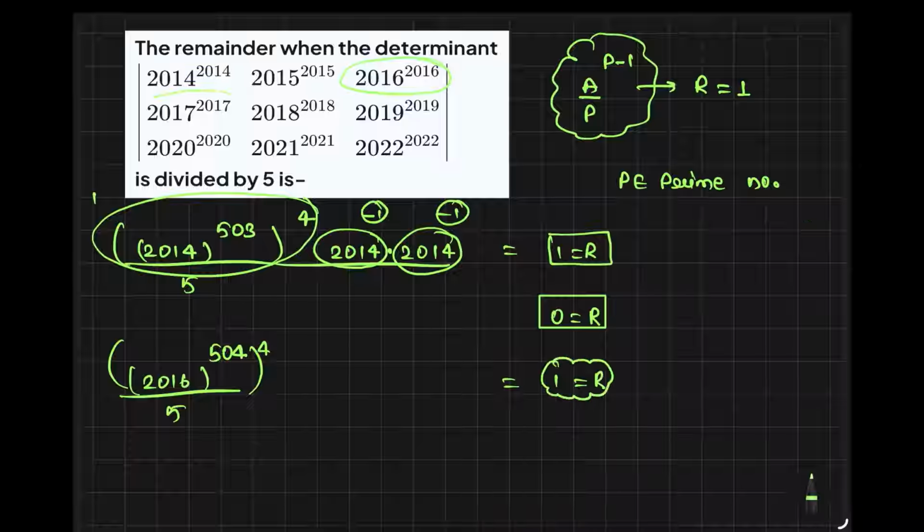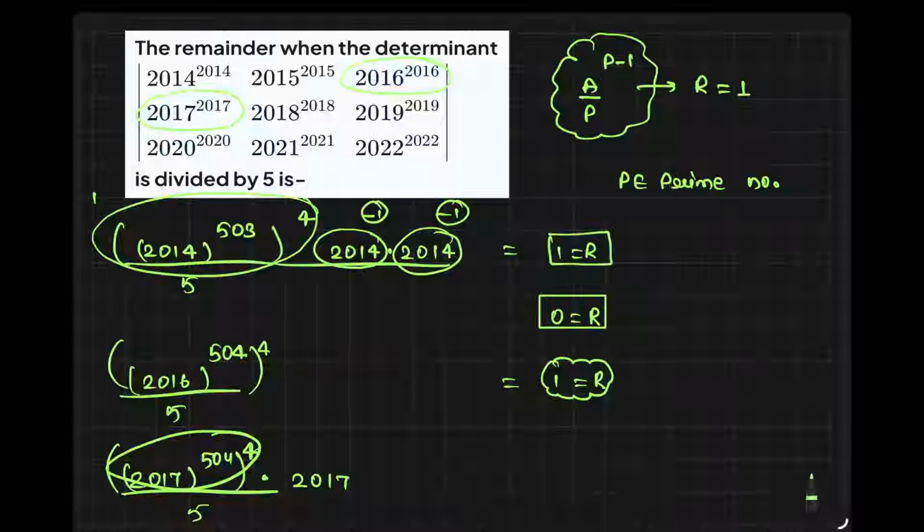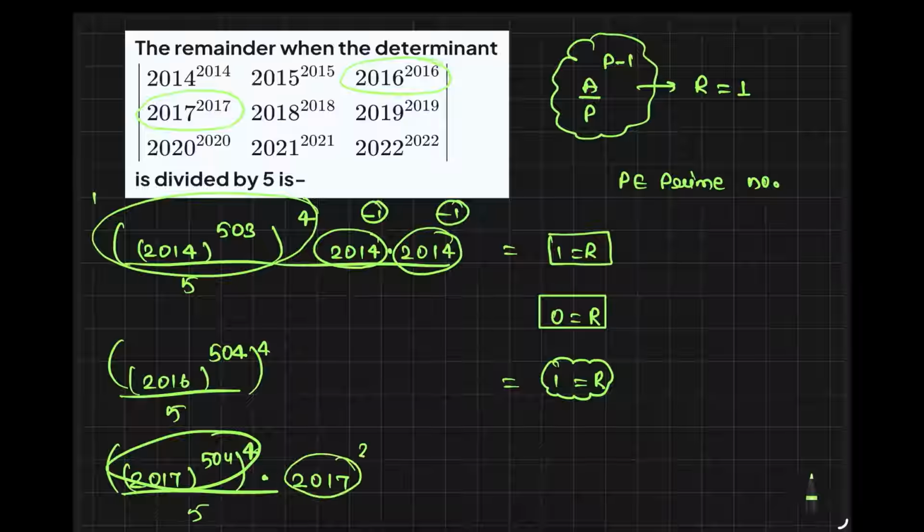Now 2017 can be written as 2017 to the power 4, and here we write 504, so you get one extra 2017, it is 2017 to the power 16 then 2017. If you divide by 5, you know this will produce 1 as the remainder and this will produce 2 as the remainder.